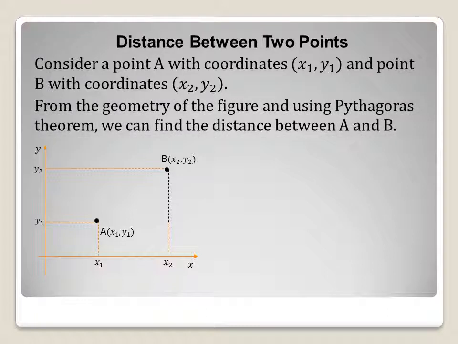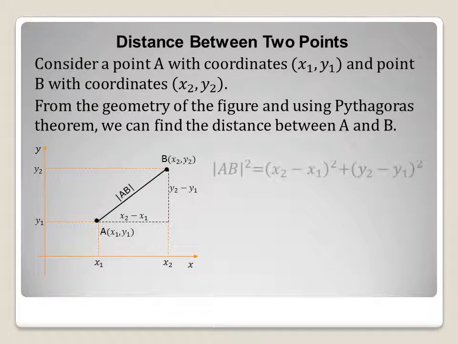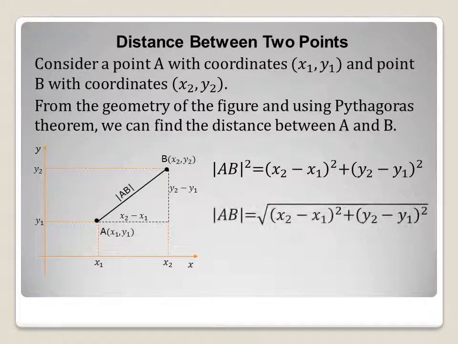From the geometry of the figure and using Pythagoras' theorem, we can find the distance between A and B. The distance AB is equal to the square root of the sum of the squares of x2 minus x1 and y2 minus y1.